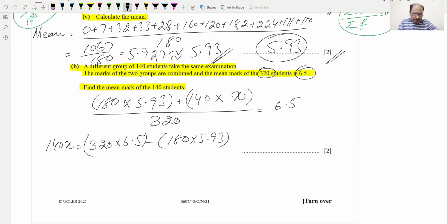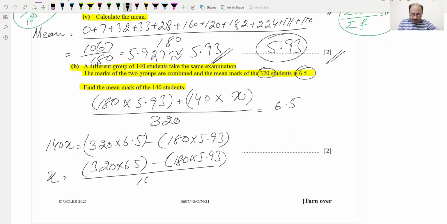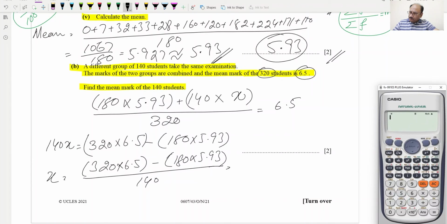Now we can shift 140 also to the other side, so it will be 320 into 6.5 minus 180 into 5.93, and the whole divided by 140, and we can calculate this value.